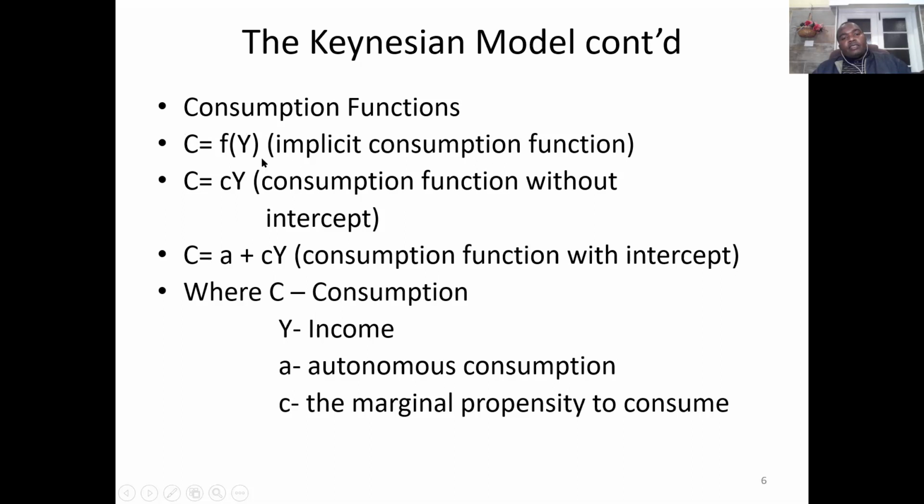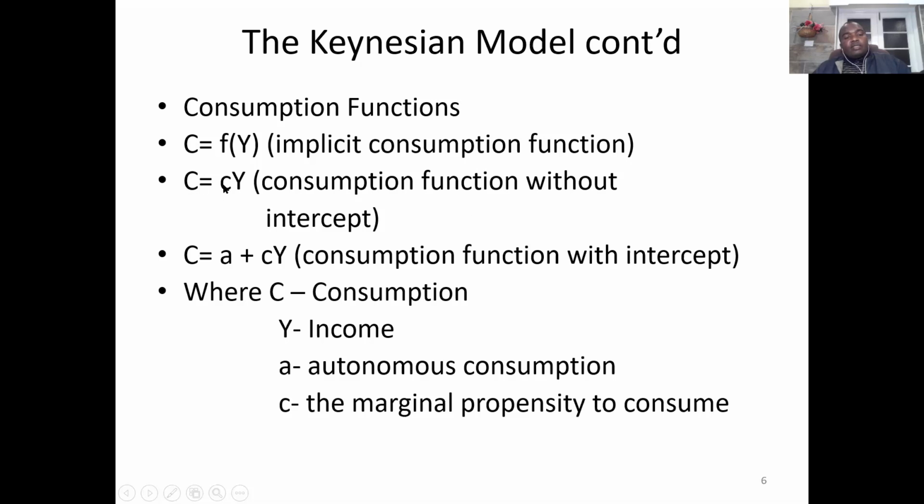This first function, C is equal to F of Y, is called an implicit consumption function. The one just below it, C equals C small cy, is called an explicit consumption function.